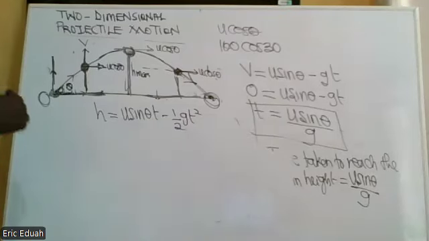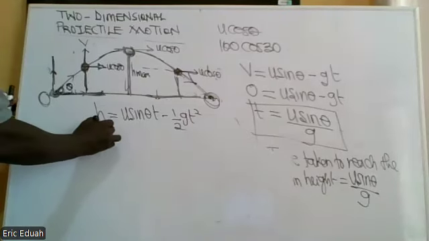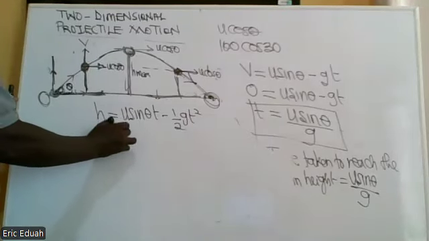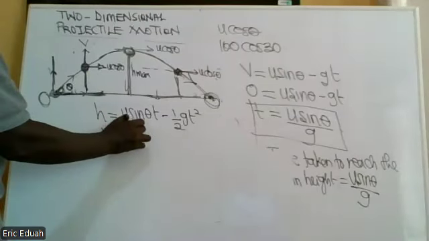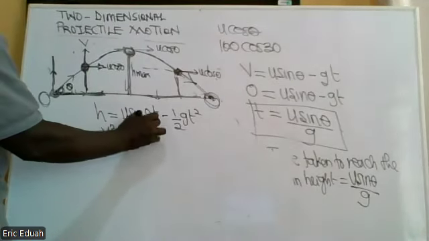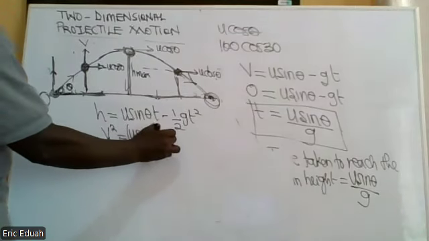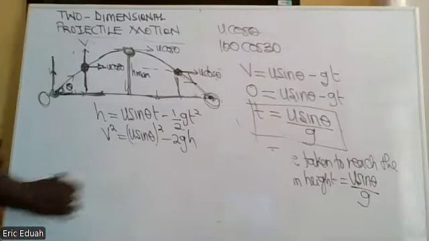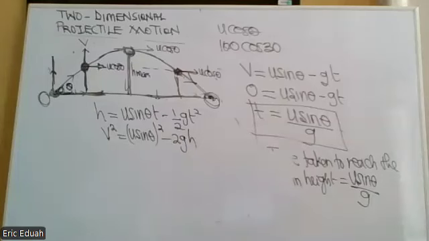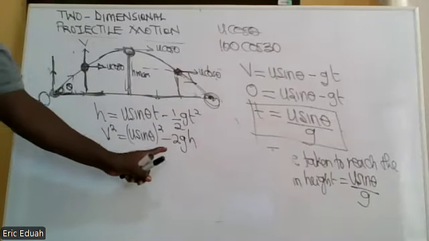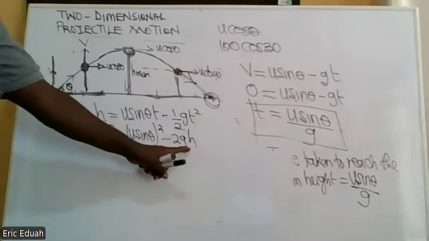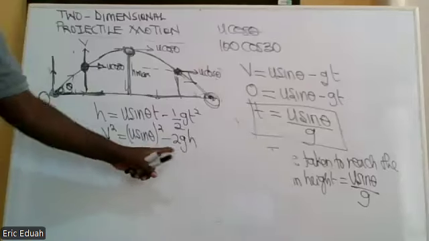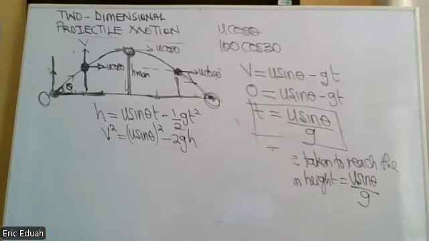We can also do that using v squared is equal to (u sine theta) squared minus 2gh. So if you make h the subject, you get an equation which will help you determine h at every velocity.